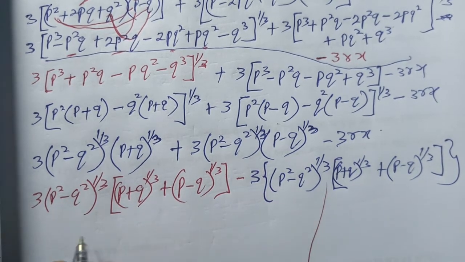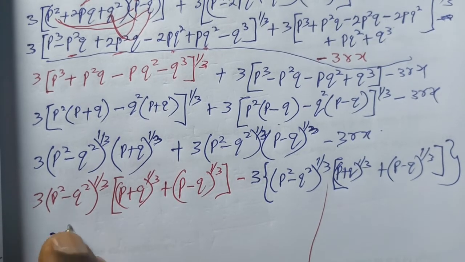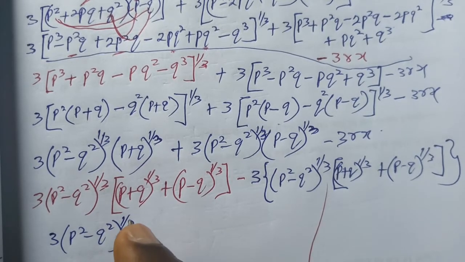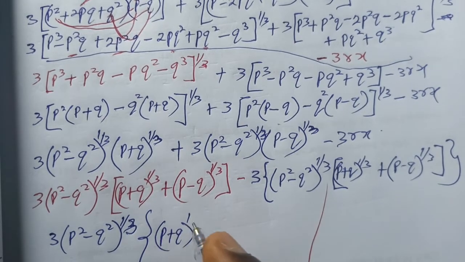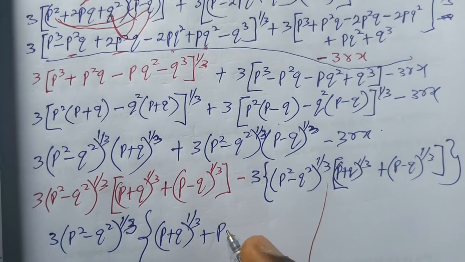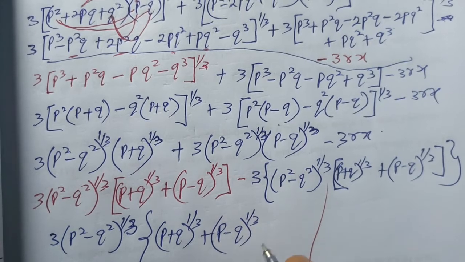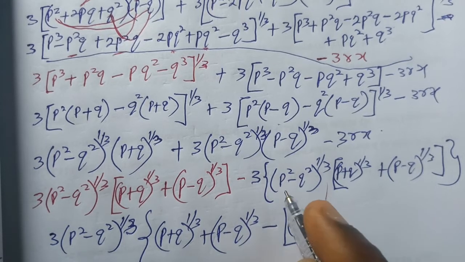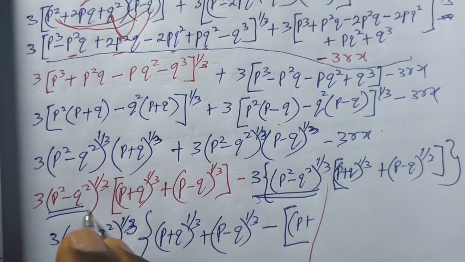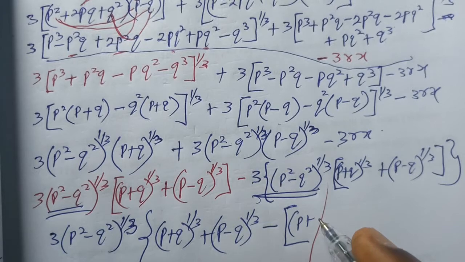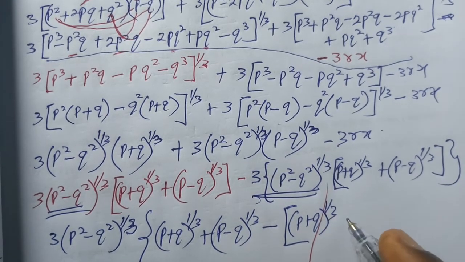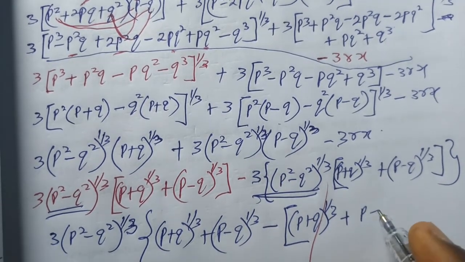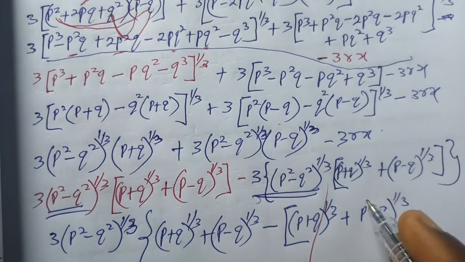But if you factor it out, you see that 3 into (p squared minus q squared) to the 1 over 3, then (p plus q) to the 1 over 3 plus (p minus q) to the 1 over 3, minus this whole thing, because we have brought this one out to factor it out, so (p plus q) to the 1 over 3 plus (p minus q) to the 1 over 3.